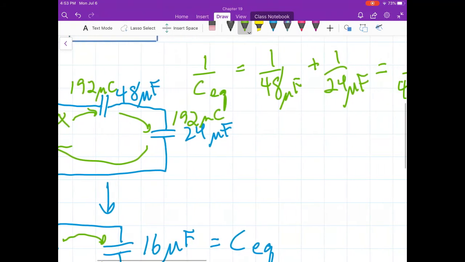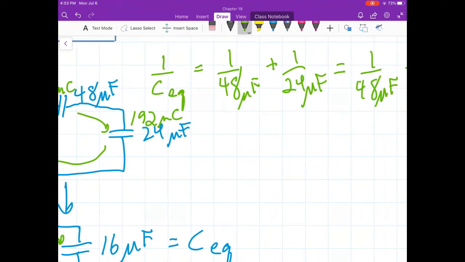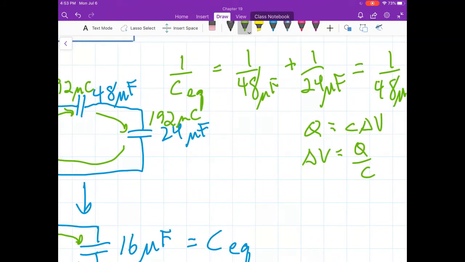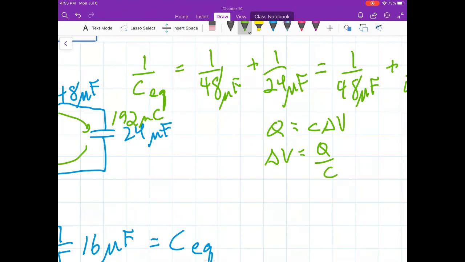For a capacitor, Q equals C delta V, therefore delta V equals Q over C. So for this 24 microfarad capacitor, delta V is the charge, 192 microcoulomb, divided by 24 microfarad.